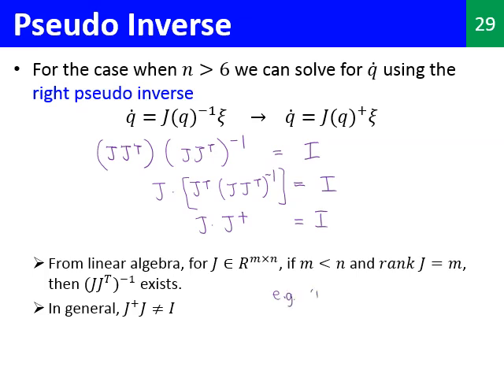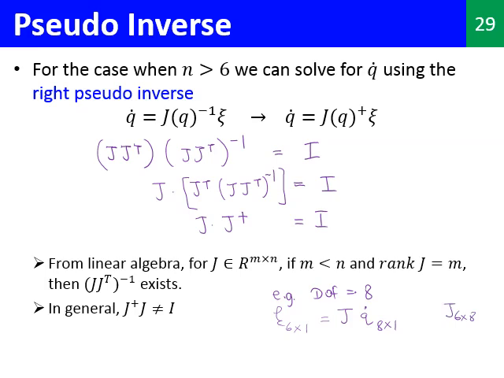Now let's take a manipulator having the degree of freedom equal to 8. The Cartesian velocity vector is equal to the Jacobian matrix times the joint velocity vector. Here q dot is going to be 8 by 1, right? Therefore J would be 6 by 8.